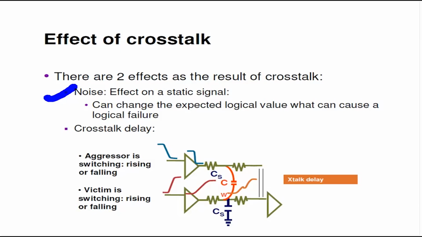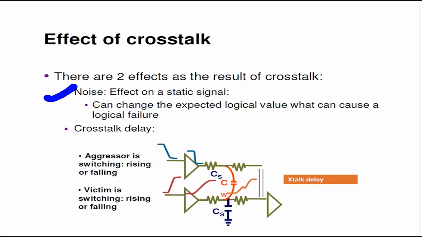For example, a buffer delay is nothing but the time taken from input change to output change. In this case, the victim net is also changing its value, and this effect can make the change a bit later or a bit earlier, so it can cause the delay to be more or less.